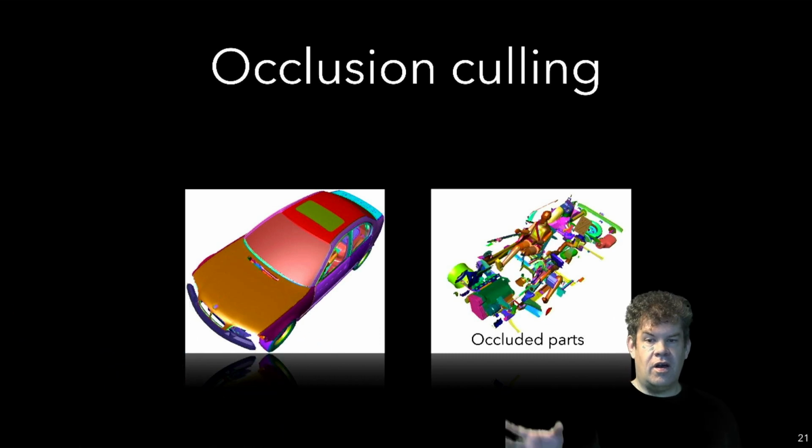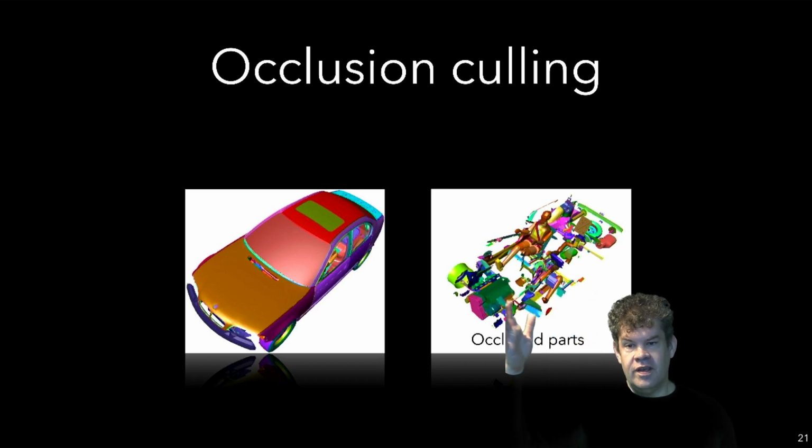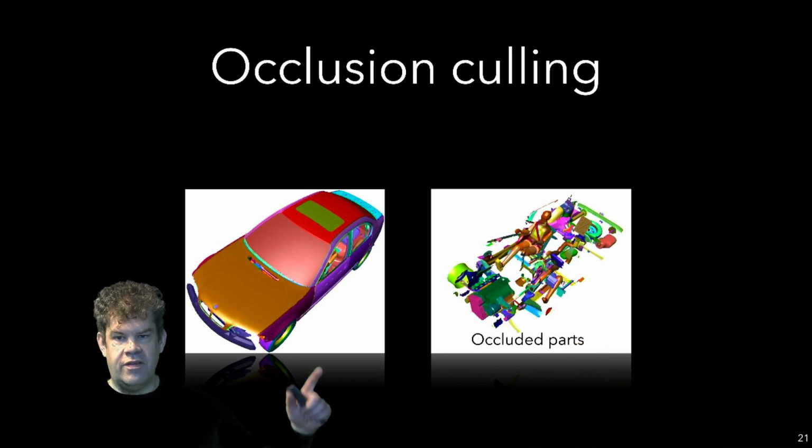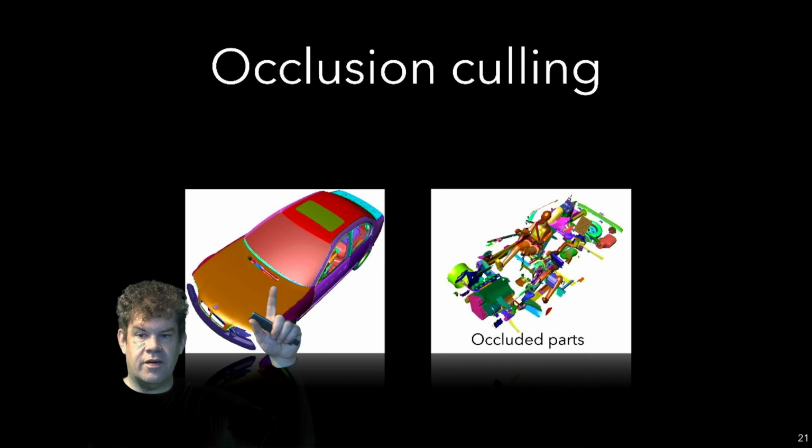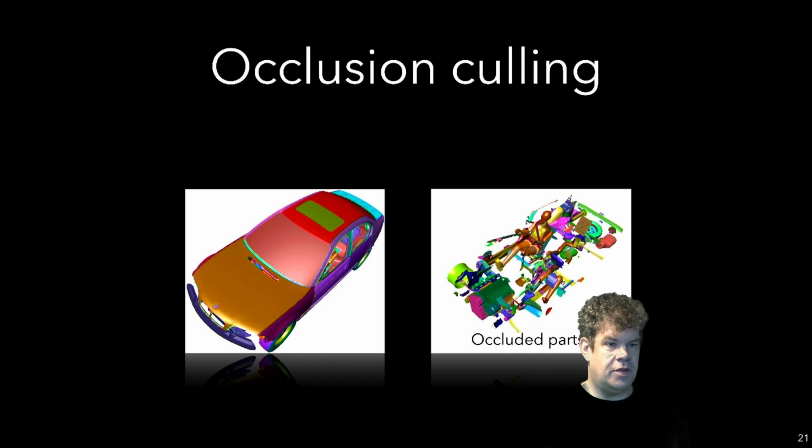The passenger, for instance, is not visible at all. Most of the motor is not visible. The front right wheel is not visible, and so on. Some are visible: the driver, for instance, and part of the internals of the car, of the engine, is visible through this hole here.